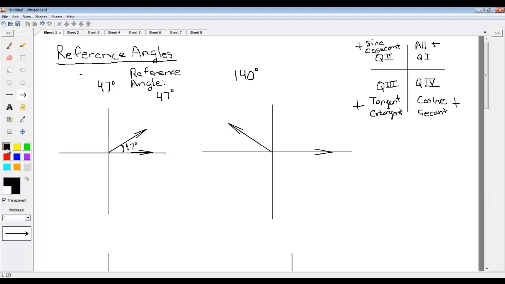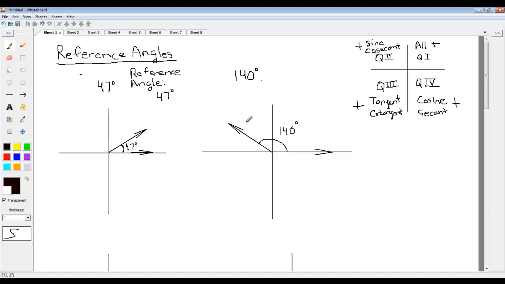So when we construct this 140 degree angle, this part right here measures 140 degrees. Since we are in quadrant 2 for the terminal side, the sine and the cosecant of 140 degrees are both positive. Cosine, secant, tangent, cotangent are all negative.